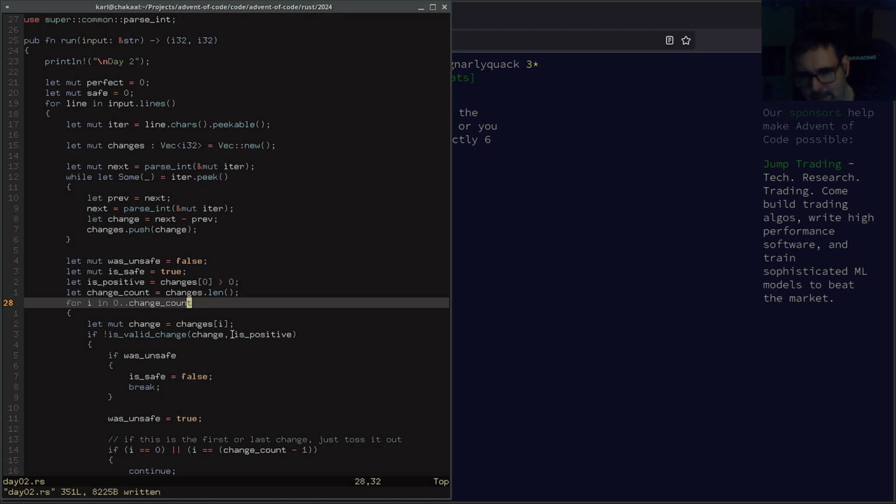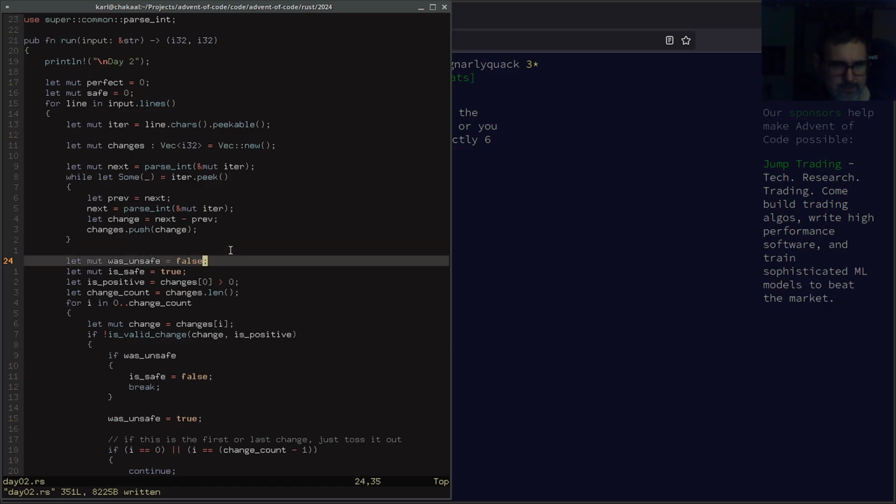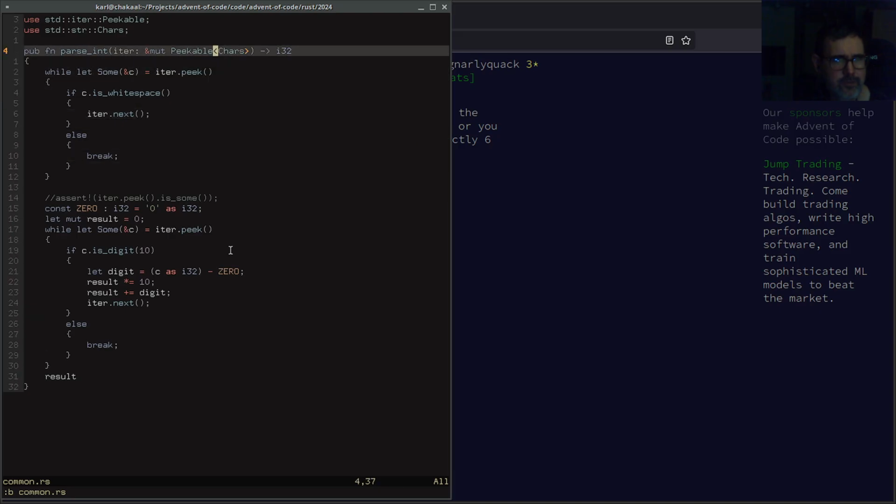Maybe that's the wrong way to do it, but of course I'm only on day two. But then I figured I could start pulling stuff out, like parse int. I'm using this function for day one, so if there's common stuff I need to start doing, assuming I ever get past day two, I can start pulling stuff out into libraries or modules. But that would require actually getting farther along in this.